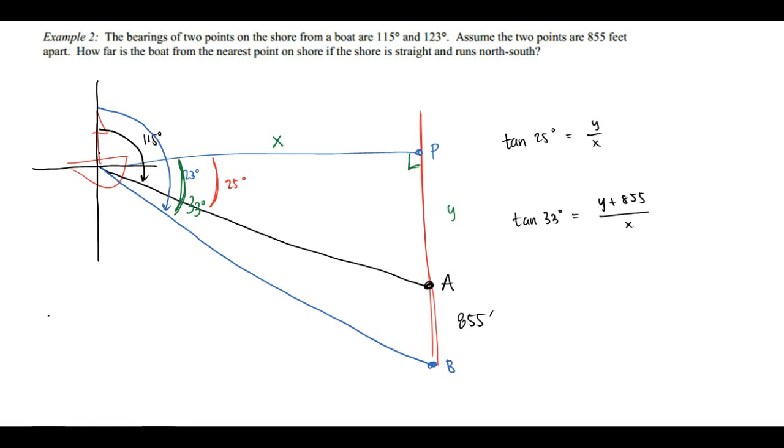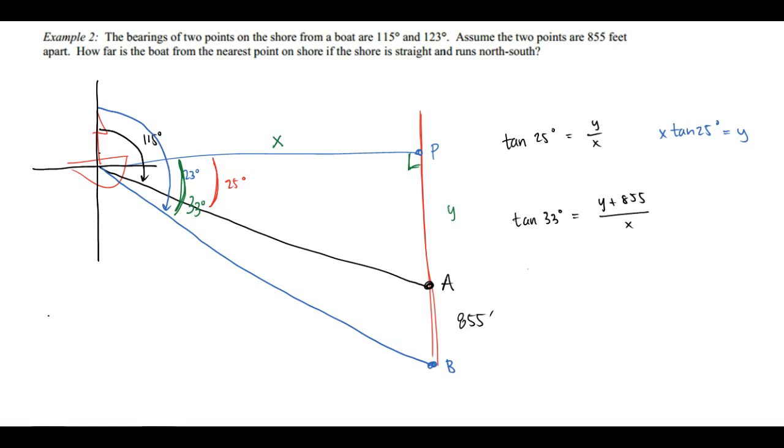So I'm going to go ahead and do that. I'm going to rewrite this first equation to say x tan 25 is equal to y. And now I'll substitute that in and see what happens.